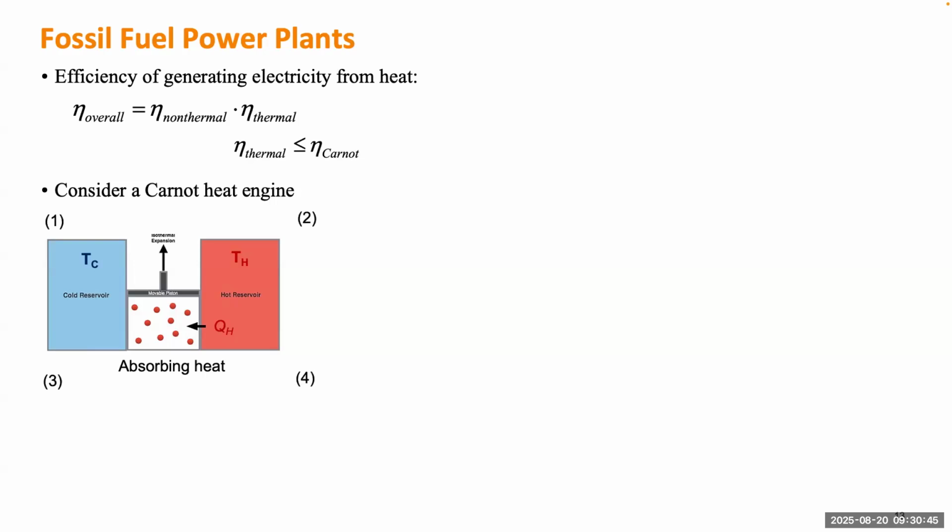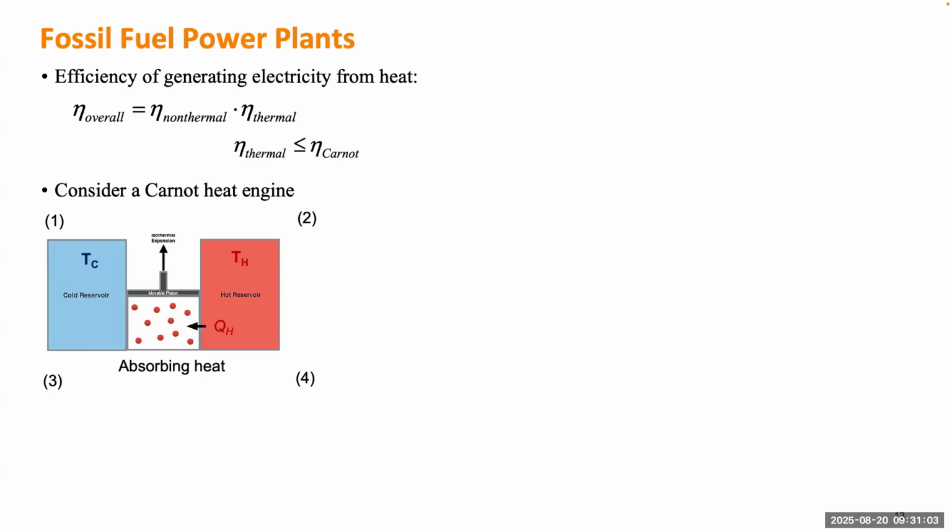The first step is I make the middle tank fully contacting the hot reservoir. So it will make the air or vapor, whatever, inside of the tank have the same temperature as the hot reservoir.